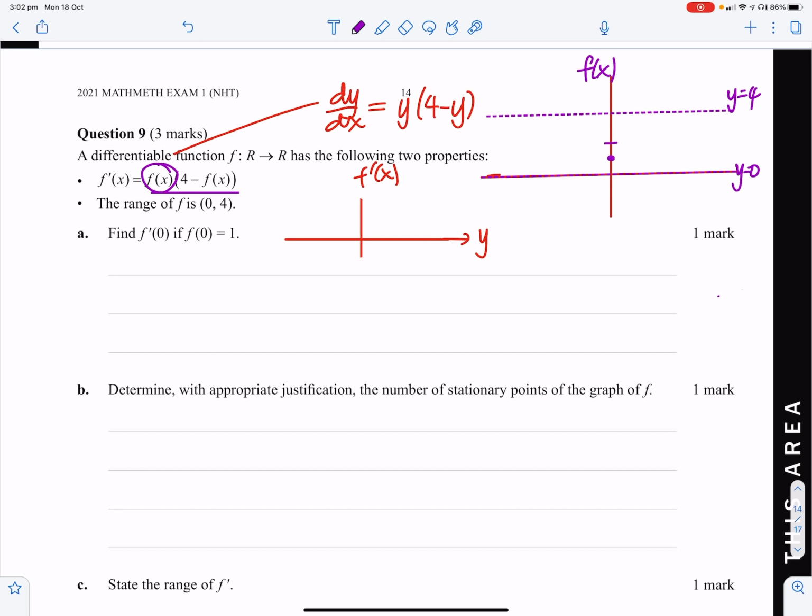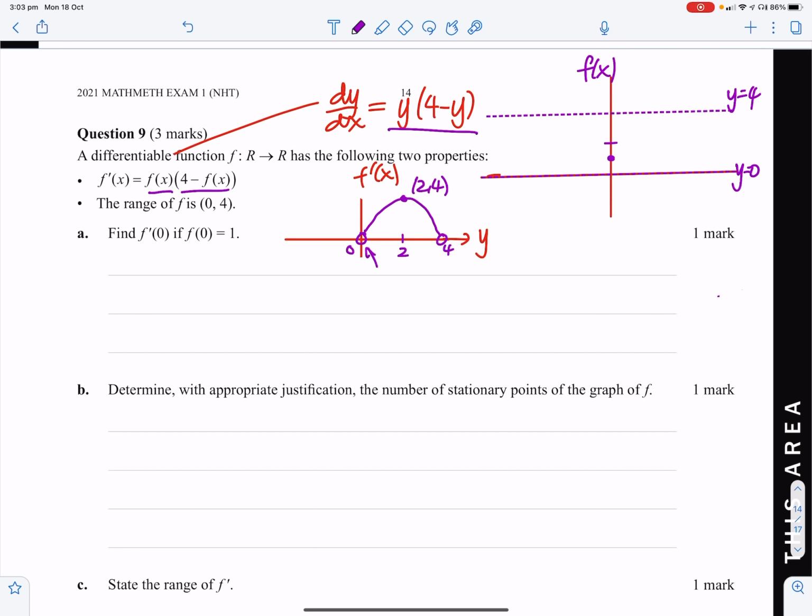It's going to have one at 0, and one at 4. And it would be an upside down parabola, which is going to have a turning point at 2. And when we sub y equals 2 into this equation, we get 2 times 2, so we get 4.